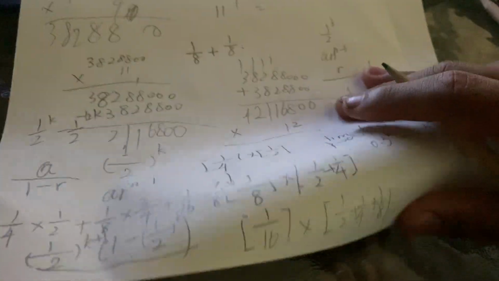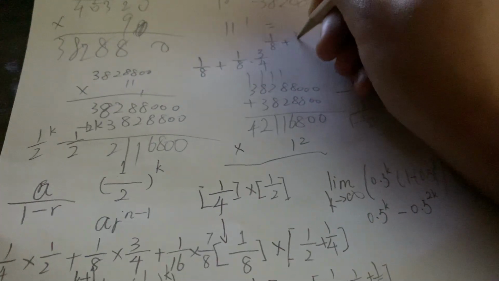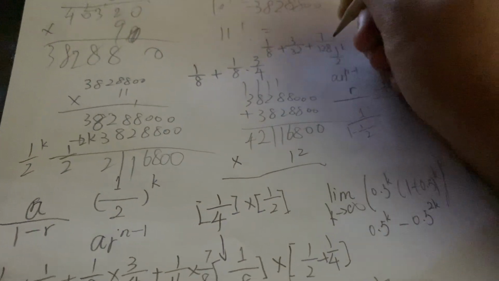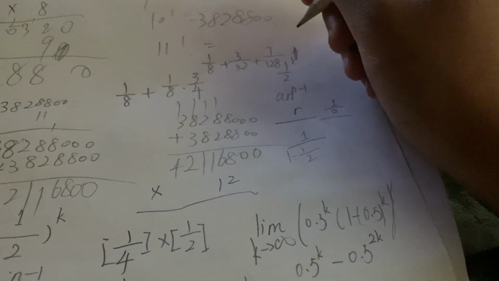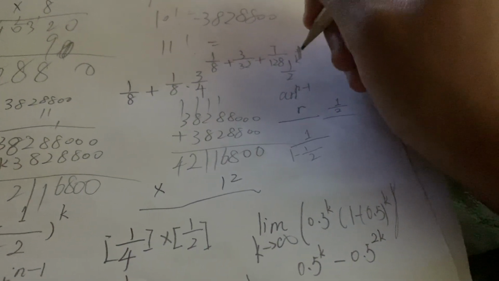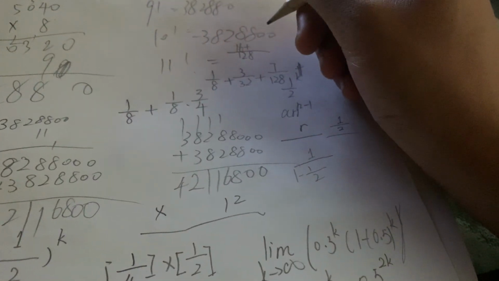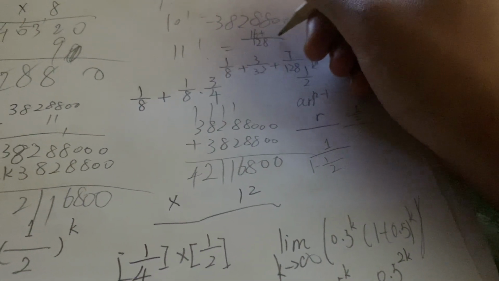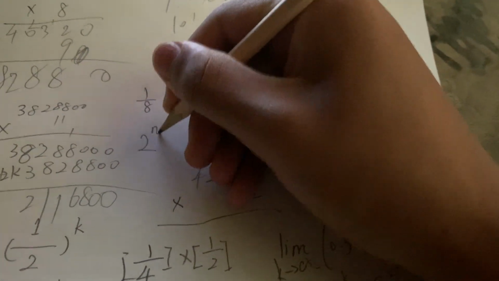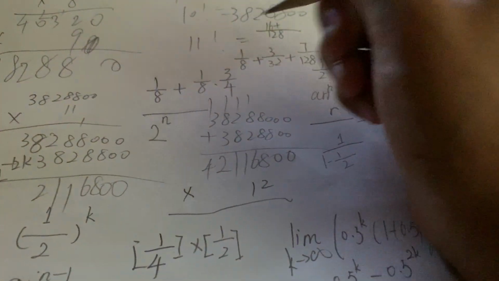Plus times 3/4, which is 3/32. Plus 7/128. Every time the sum of this is going to be this.